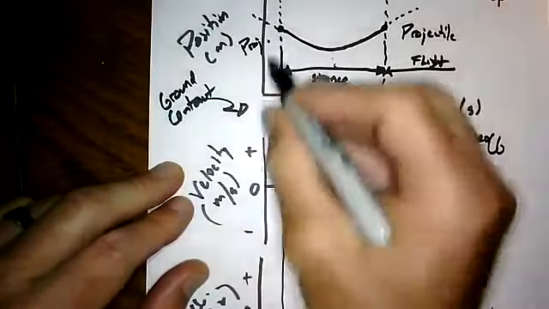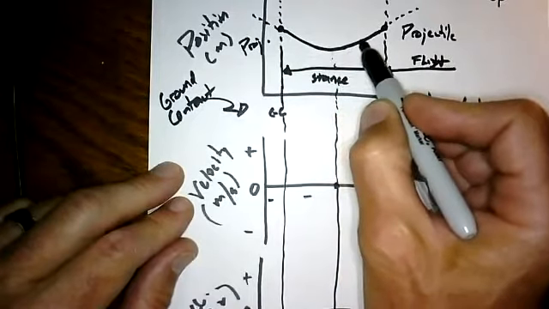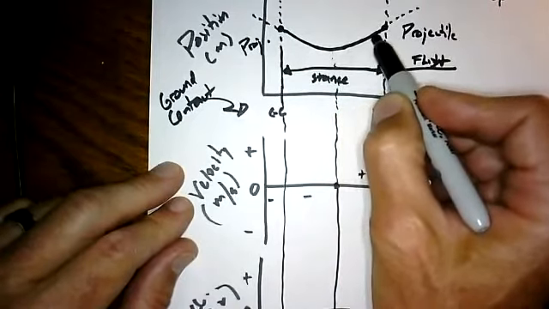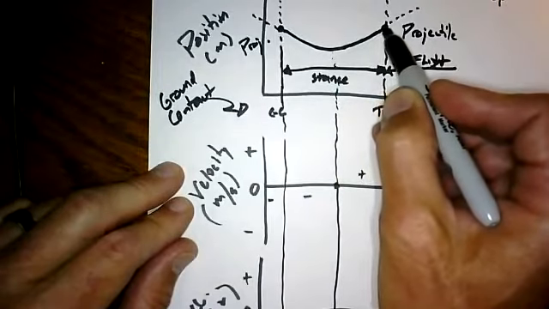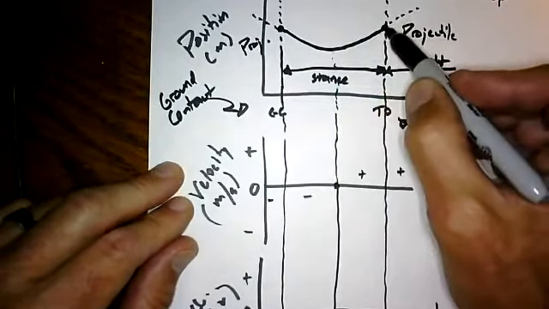And I have some speeding up while moving downwards, some slowing down while moving downwards. I reach that low point, then I have speeding up, moving upwards, and then a bit of slowing down, moving upwards as well. But I'm going to be taking off at a velocity that's not 0.